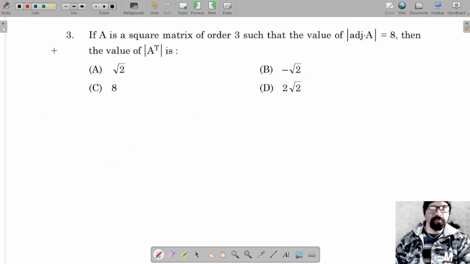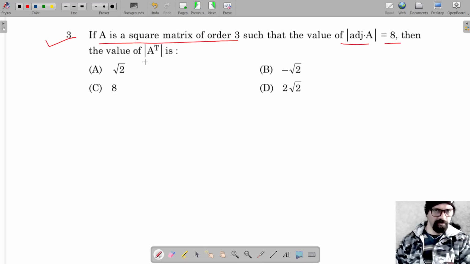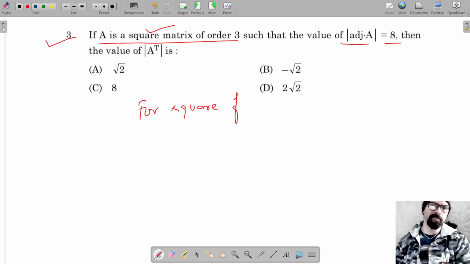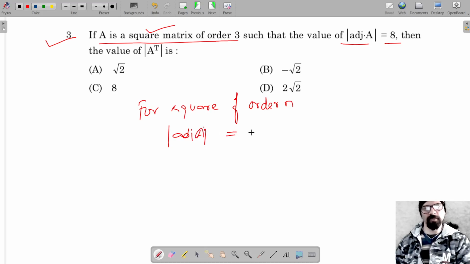For question number 3, it's given that A is a square matrix of order 3, and the value of determinant of adjoint A is 8. Then what is the value of determinant of A transpose? For a square matrix of order n, there is a property that determinant of adjoint of A is equal to determinant of A raised to the power n minus 1.